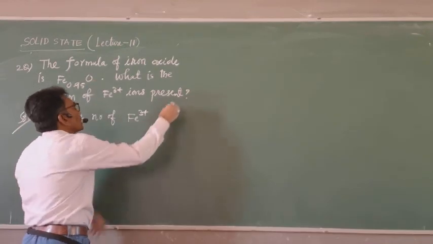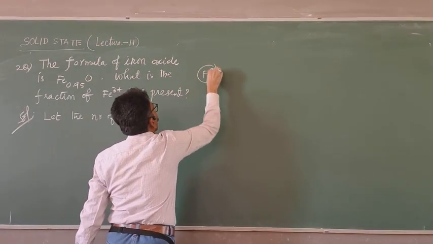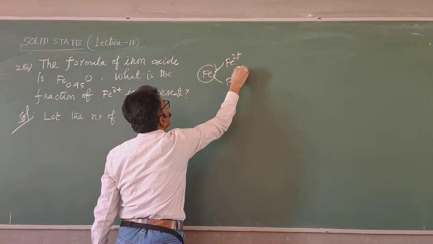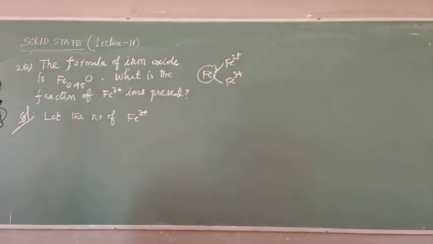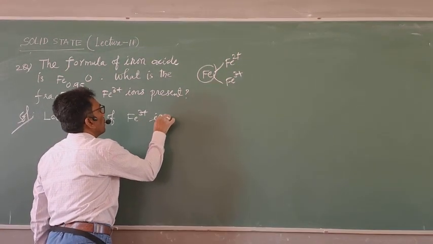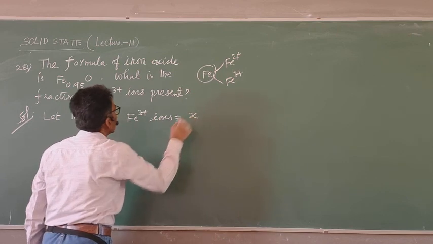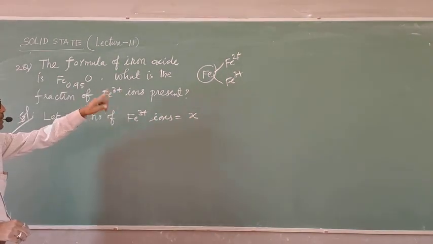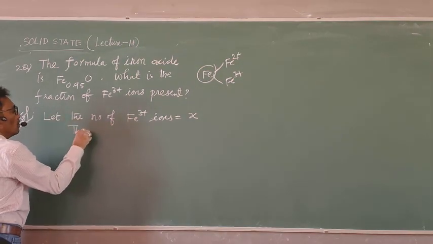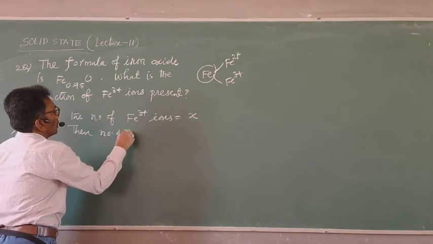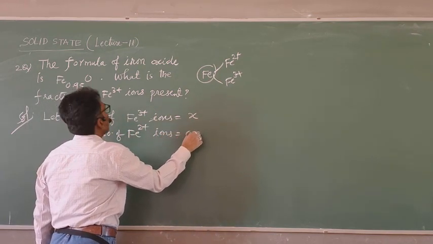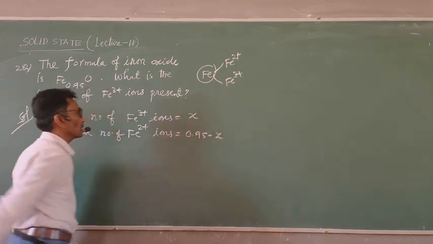Here iron exists as Fe2+ as well as Fe3+. That is the primary idea that should be developed. Number of Fe3+ ions is x, and both Fe2+ and Fe3+ together equal 0.95. Therefore, the number of Fe2+ ions is equal to 0.95 minus x.